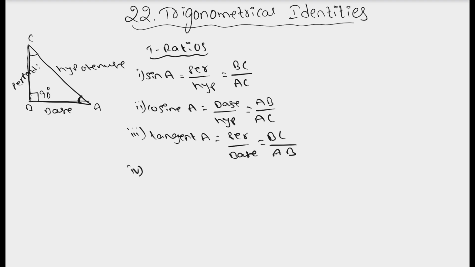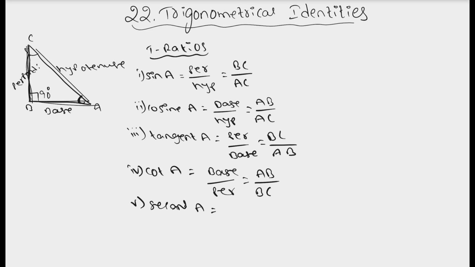After tangent we have cot. The value of cot is base by perpendicular, that is AB by BC. The fifth ratio is secant A, whose value is hypotenuse by base, that is AC by AB.